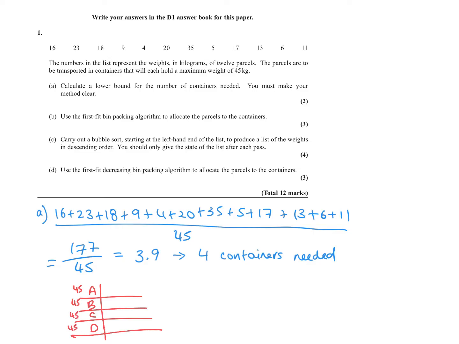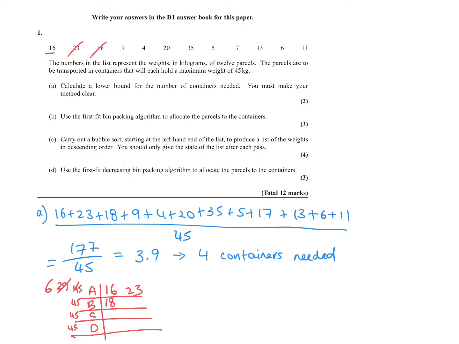Some of us can count 45 in our heads and some of us can't, okay? Turns out some of you need to write this. Remember it's first fit, so we start at the beginning. So 16. If I put 16 in here, I have 29 left, okay? 23 will fit in here. I have 6 left. 18 goes into the next one.